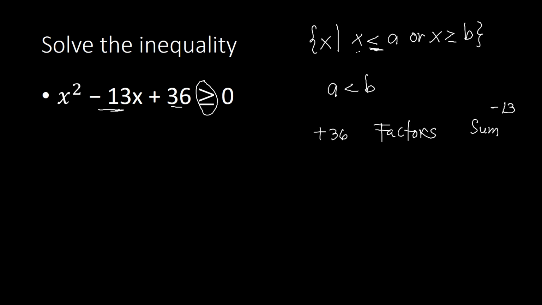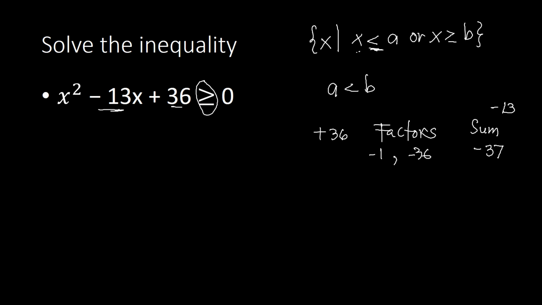We start with 1 and 36, and again this should be negative and negative because our sum is negative. So negative 1 plus negative 36 will be negative 37.